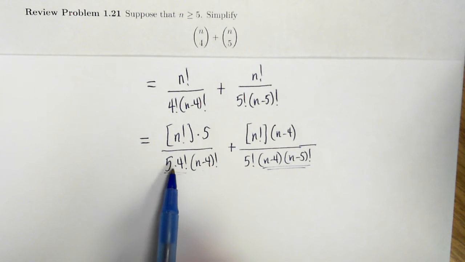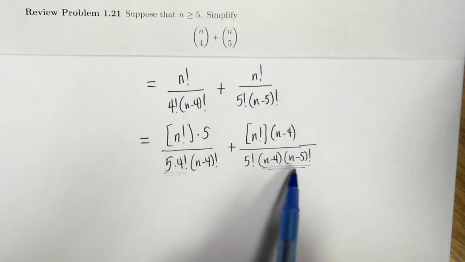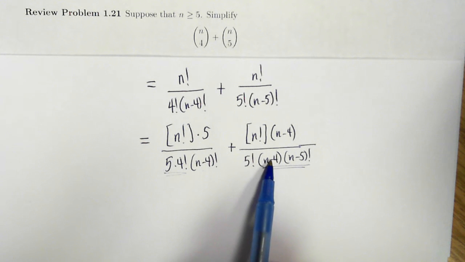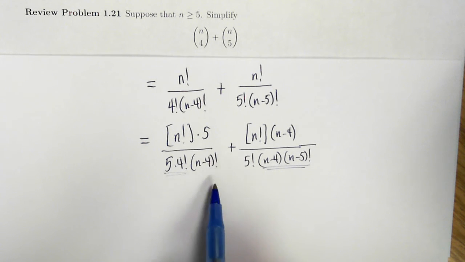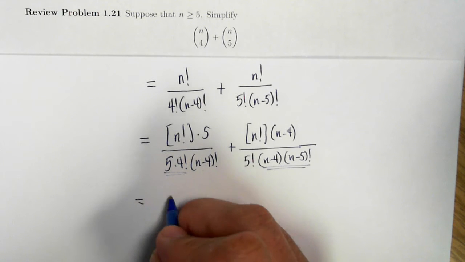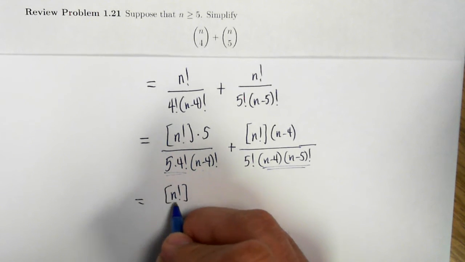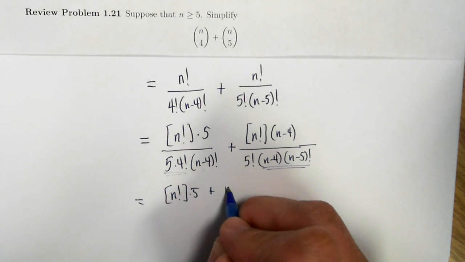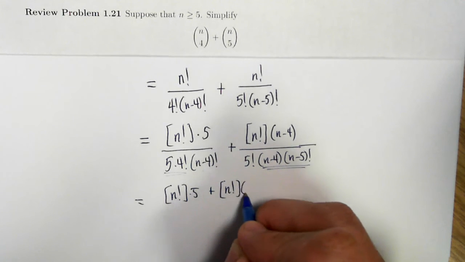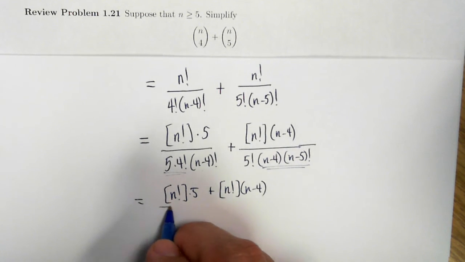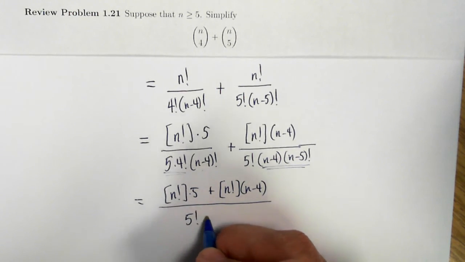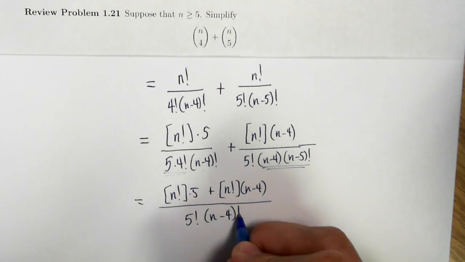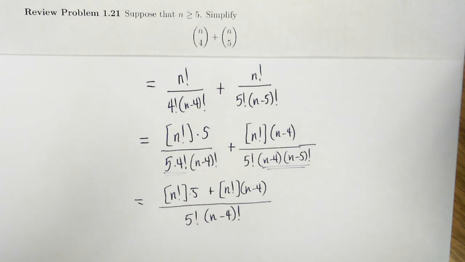Here I have 4 factorial times 5, that's going to be 5 factorial. This factorial times the next term would be the next term factorial. So I have n factorial times 5 plus n factorial times n minus 4, whole thing over 5 factorial times n minus 4 factorial, because I now rig things so that the denominators are the same.